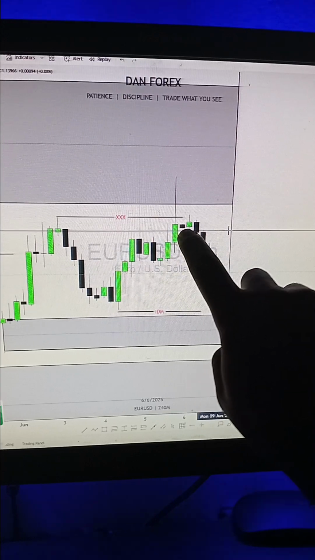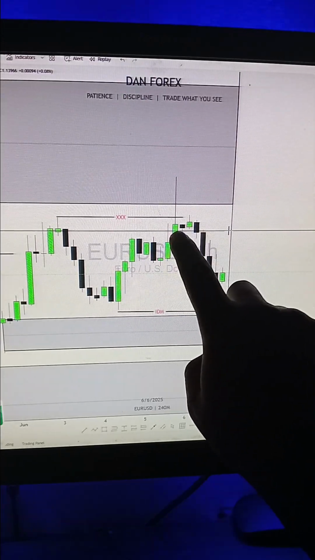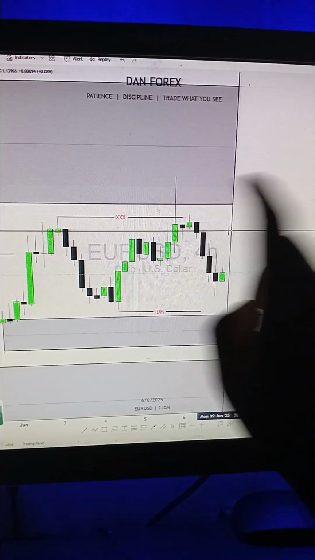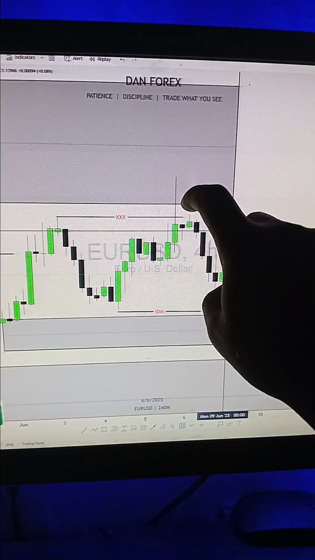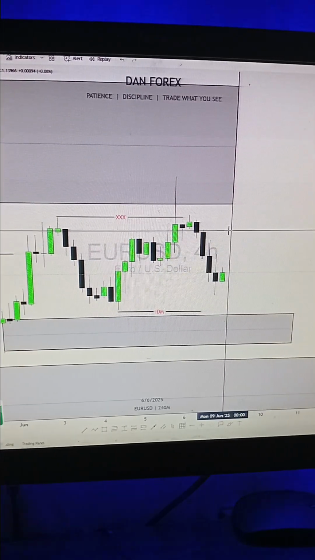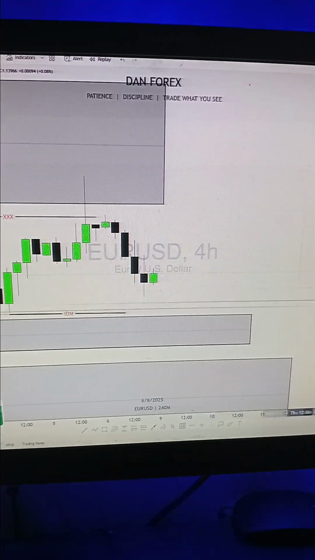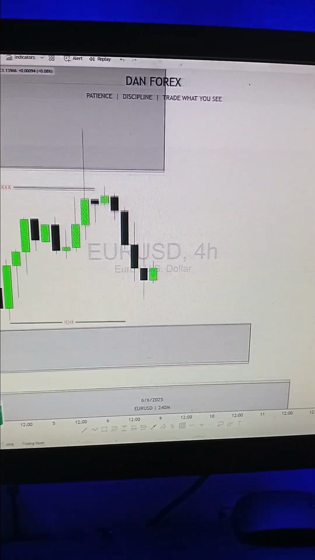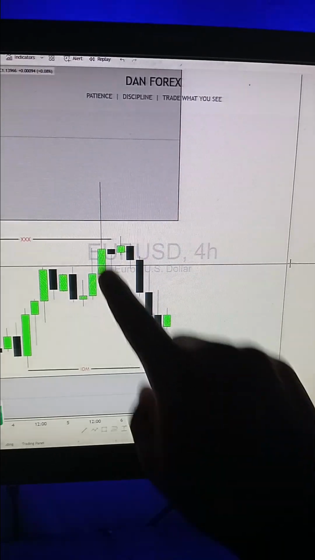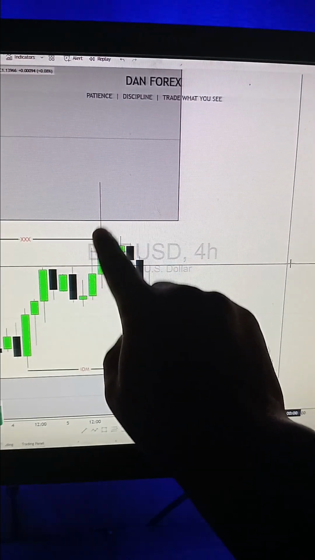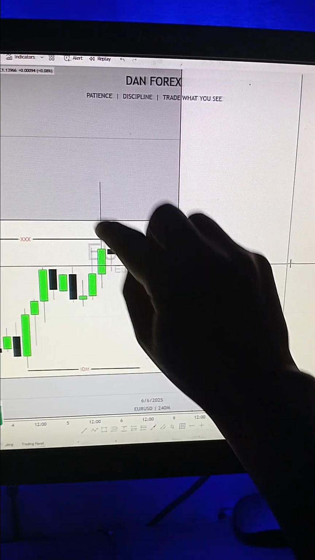So starting here, these are the candles of Friday. On the candle of Friday, we expect it to do what? To drop, right? So we are supposed to be looking for a sell. So any supply zone you see around here, expect to pick some sells from that area.